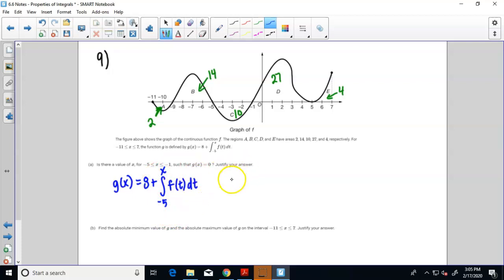So g of negative 5 would equal 8 plus the integral from negative 5 to negative 5 of f of t dt, which would give us just 8 plus 0, which is 8.